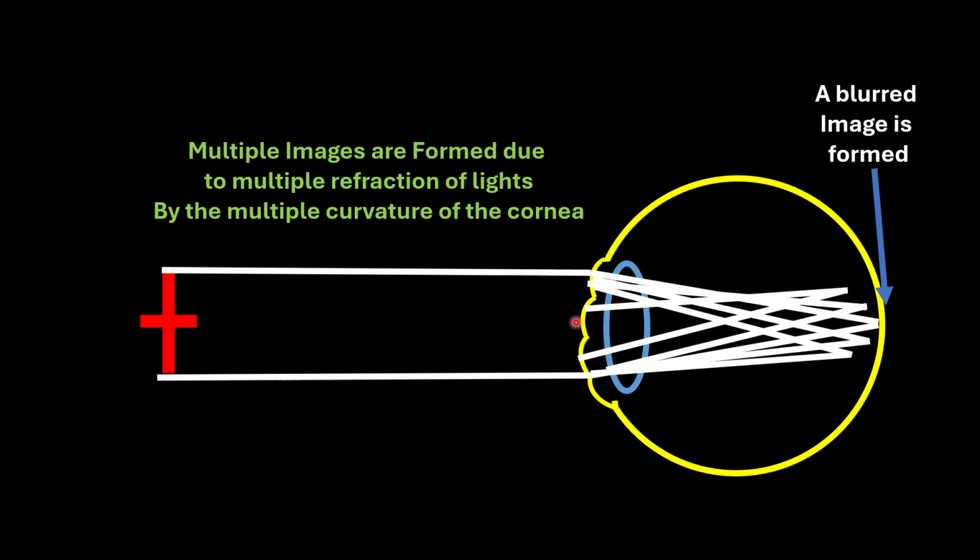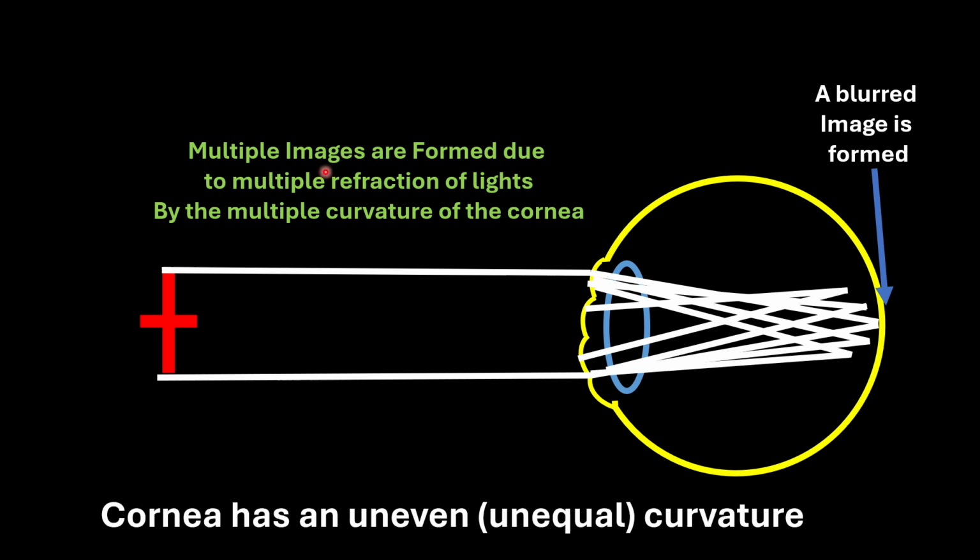So we have this curvature, we have that curvature, we have so many curvatures, and each curvature is bending the light independently, producing multiple focal points, and these focal points will end up producing multiple images due to multiple refraction. And a person with this condition is actually diagnosed with astigmatism. And the reason is because the cornea has an uneven or unequal curvature.